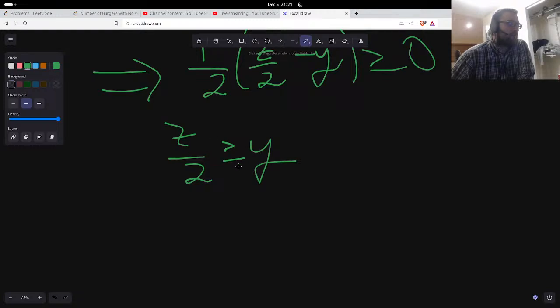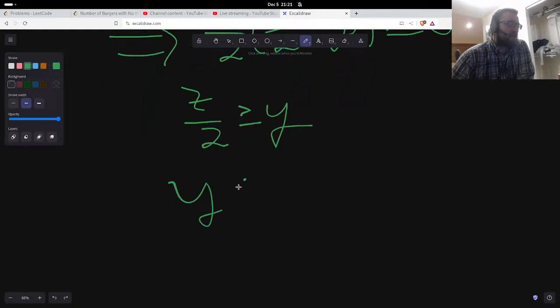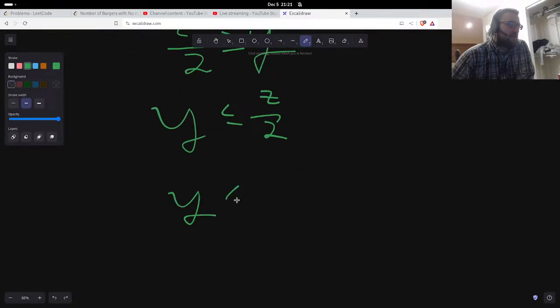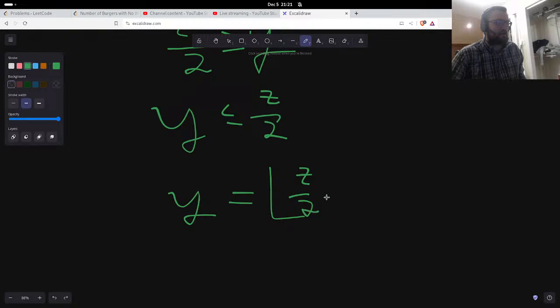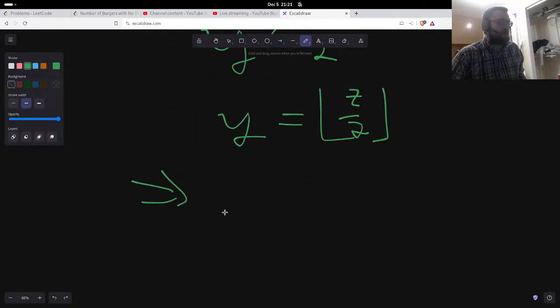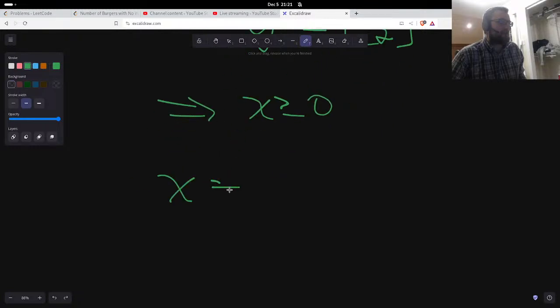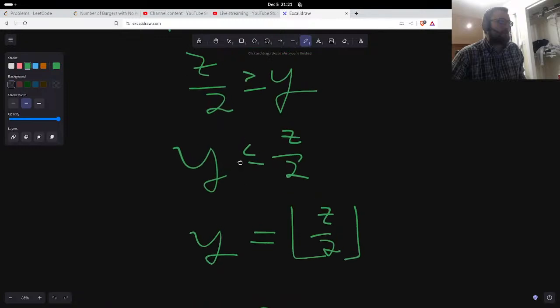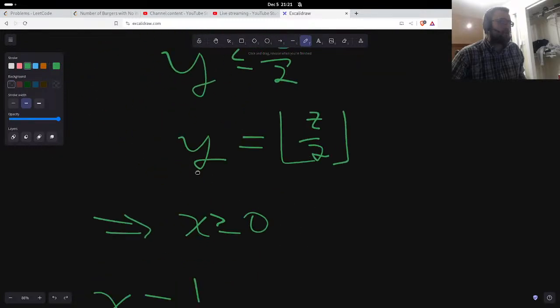So then y is less than or equal to z over 2. Just to say that y could just be the floor of z over 2. And that implies that x is greater than or equal to 0. And x is then a half of z over 2 minus y.